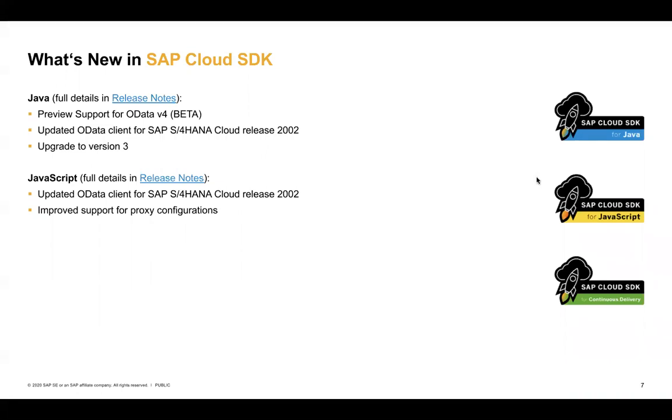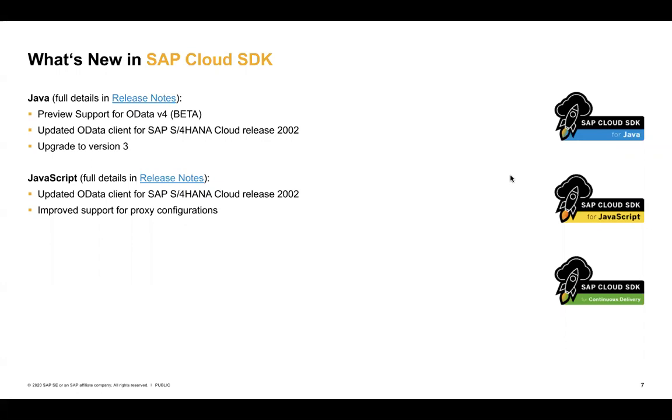Then, as we know, S/4HANA provided a new release, the 2002 release in February, and thus we updated our clients for Java and JavaScript for the new APIs that S/4HANA Cloud Edition delivered.